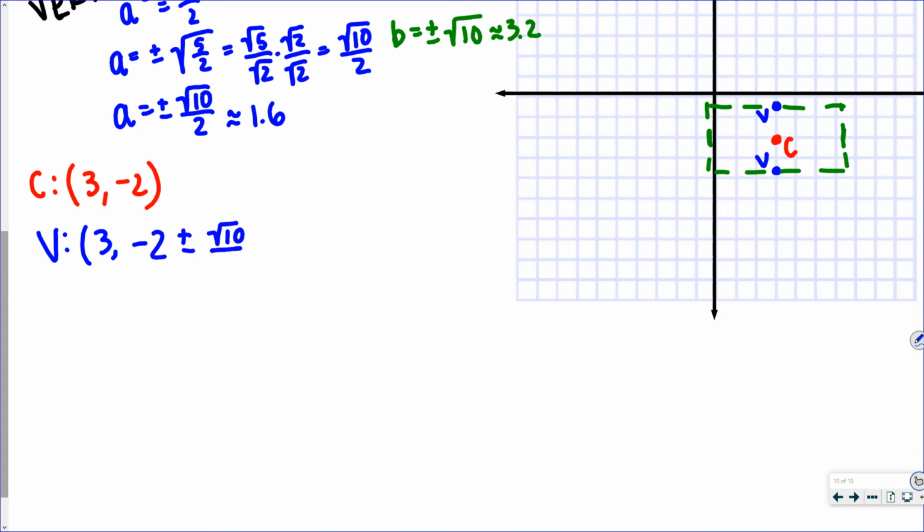Good job. Everybody know where I'm getting those numbers? Yes, because it's a. It's still 3, and then it's just plus or minus 1.6. We're just using exact values.